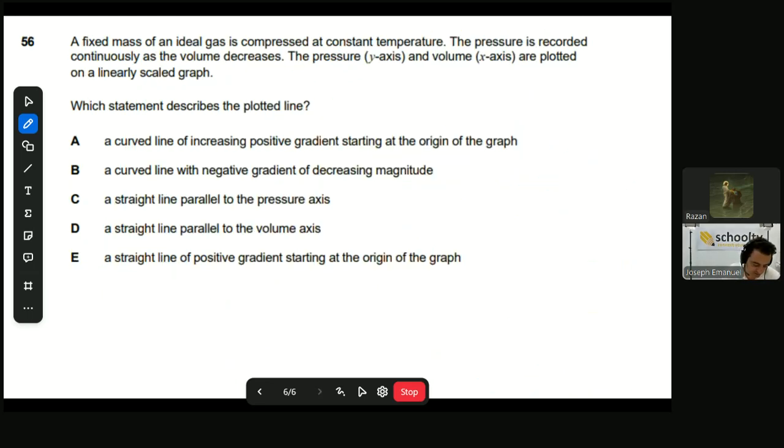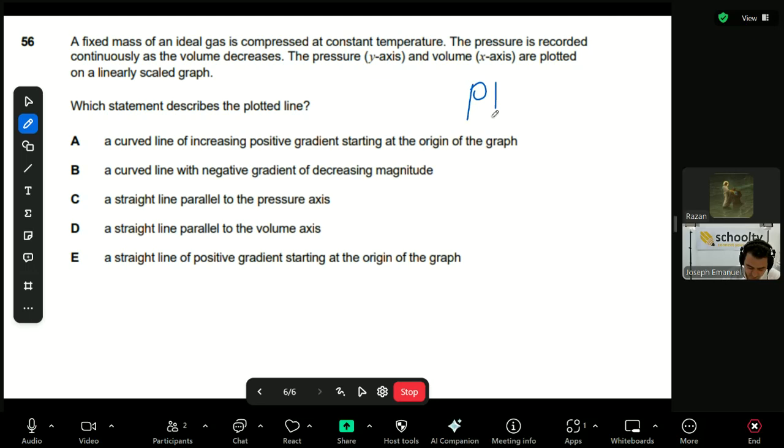Okay, question 56. Let's read it, please. A fixed mass of an ideal gas is compressed at constant temperature. The pressure is recorded continuously as the volume decreases. The pressure, y-axis, and volume, x-axis, are plotted on a linearly scaled graph. Which statement describes the plotted line?